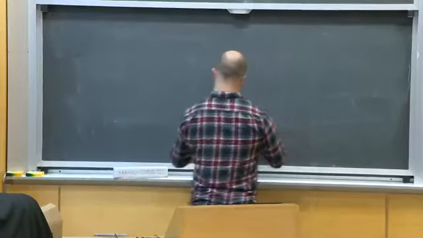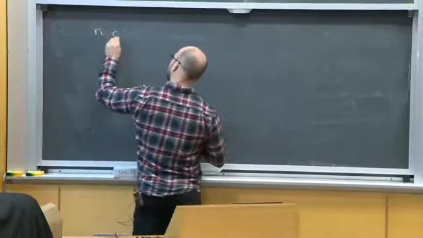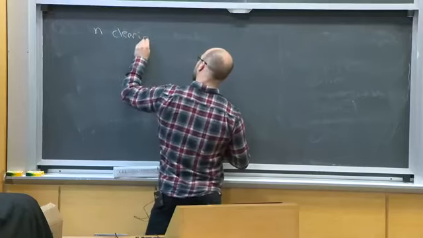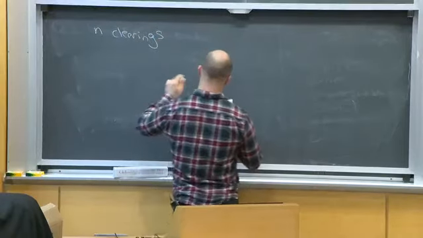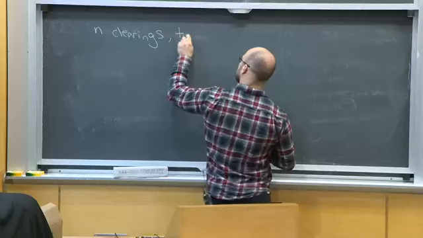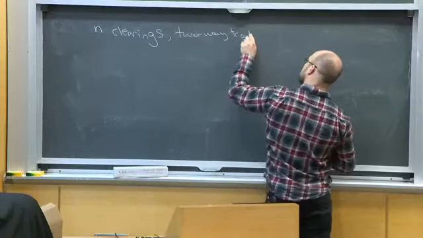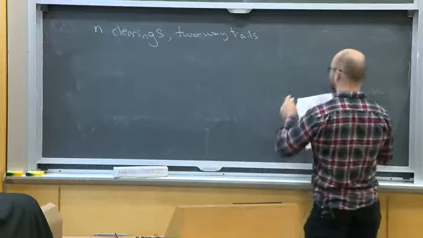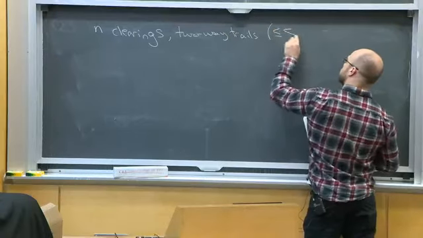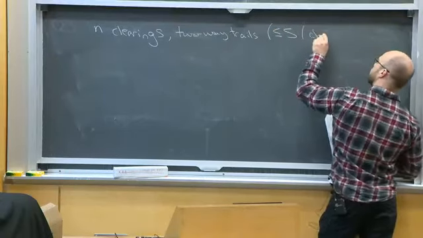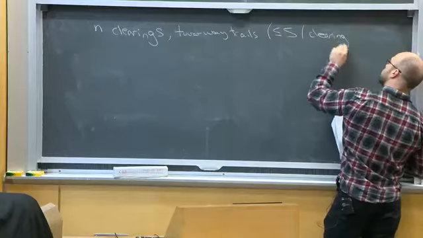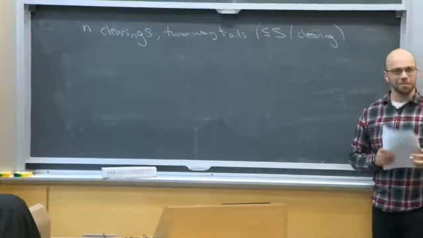Okay, so we have n clearings, and they're connected by two-way trails. And thankfully, there's less than or equal to 5 trails connecting into every clearing. This is our favorite detail to add to 6.006 problems, a degree bound.